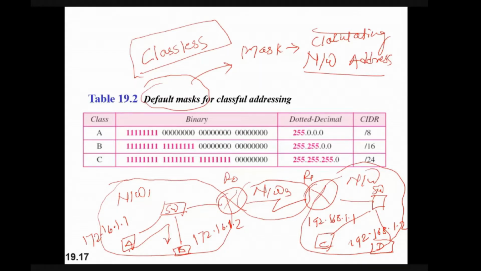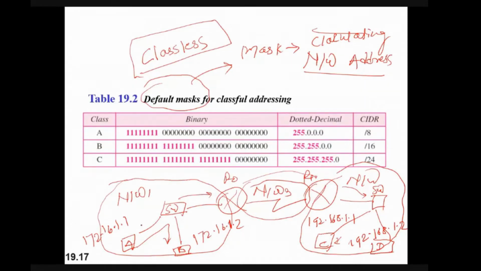But if A wants to send data to C, then the switch should forward this data to the router, then the router should forward it to the other router, and then that router should forward it to here, and finally it should reach here. So whenever data is getting transferred, the first thing required is to recognize to which network that data belongs.